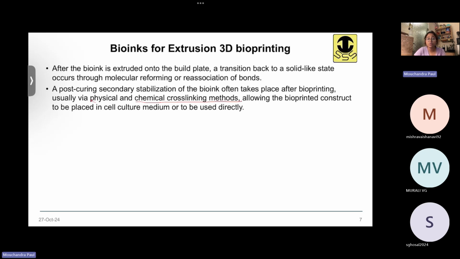If you don't do it, these bioinks will simply dissolve away. The structure that you gave will dissolve away in cell culture media. So to retain that shape, post-printing cross-linking methods are used, and they are done before you start the cell culture process.